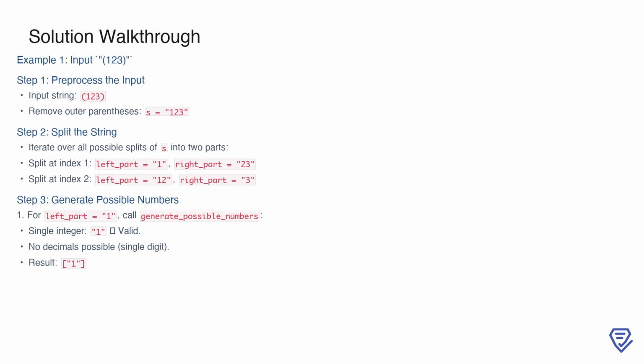Similarly, splitting at index 2 gives a left part of 12 and a right part of 3. Once we have these splits, we generate possible valid numbers for each part. Looking at the left part 1, it's a single-digit integer, which is valid, and no decimals are possible in this case. Therefore, the result for the left part 1 is simply 1.